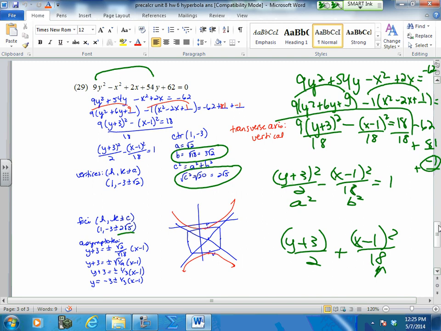And again, here's your asymptotes. Here's your y plus 3. There's your x minus 1. Your slope is change in y over change in x. Take the denominator of the y, radical 2, denominator of the x, radical 18, and take the square root. And this is easier to put it under 1 and make it the square root of 1/9.